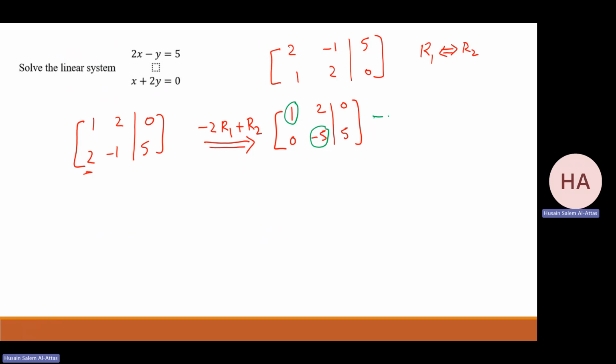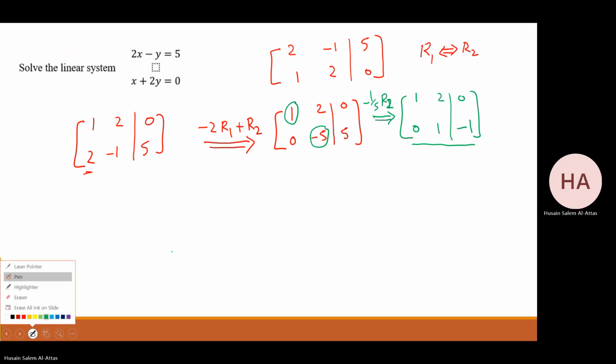I can multiply the second row by minus 1 over 5. Second row. What will you get? 1, 2, 0, and 0, 1, minus 1. No need to do it, but if you do it, it will make it easier for you. Why will it be easier? Because right away, this equation means y equals minus 1.